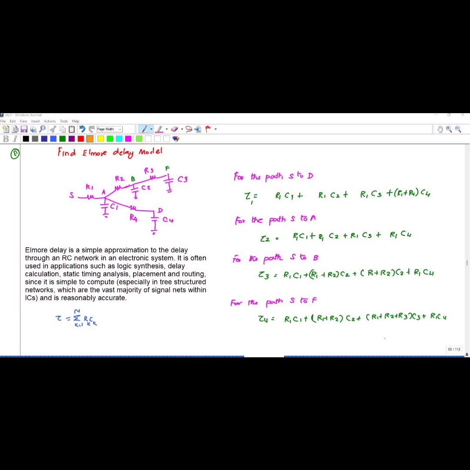The formula for Elmore delay is: delay equals the summation, k equals 1 to n, of R_k C_k. R is the resistance along the path from source to destination, and C_k represents the capacitance of the individual node.